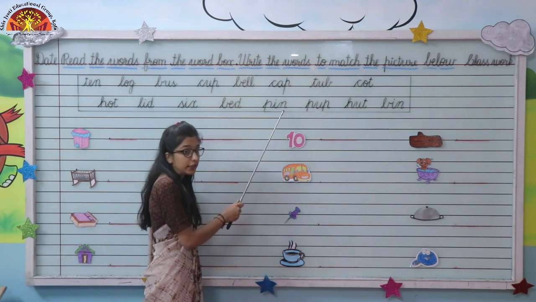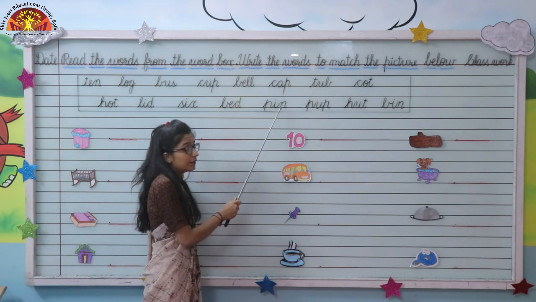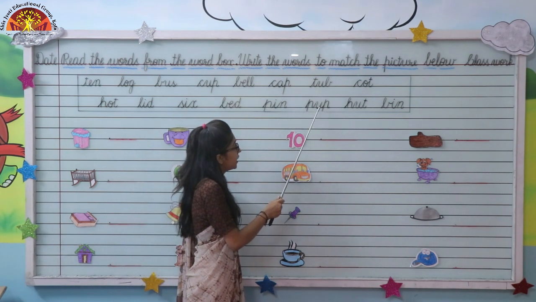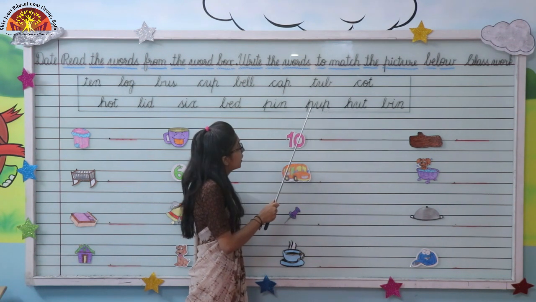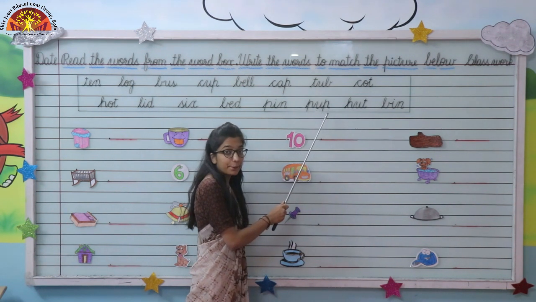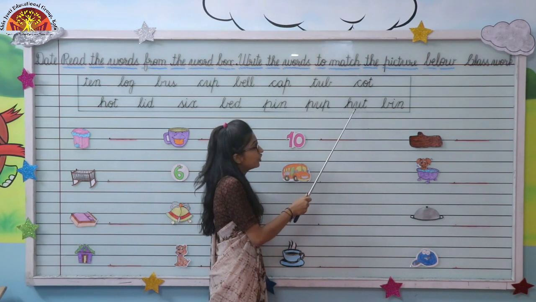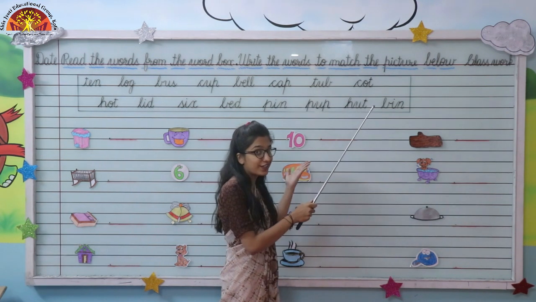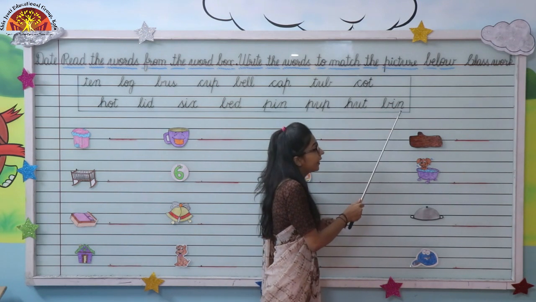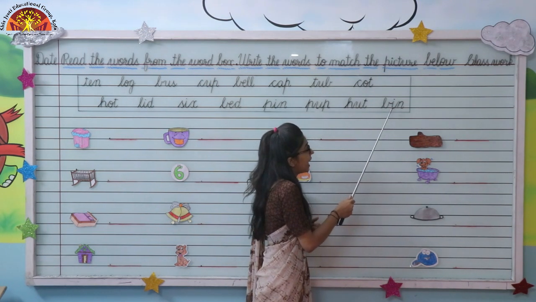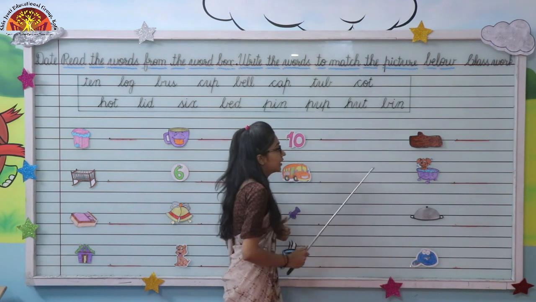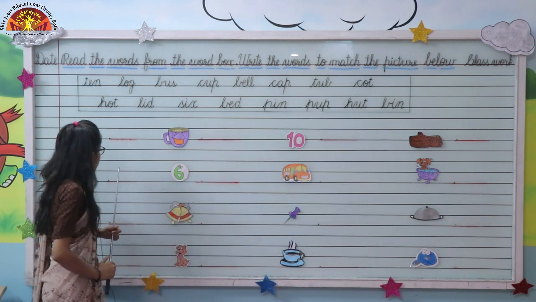P-I-N, pin. P-U-P, pup. H-U-T, hut. And last one is B-I-N, bin. Now kids, let's start.